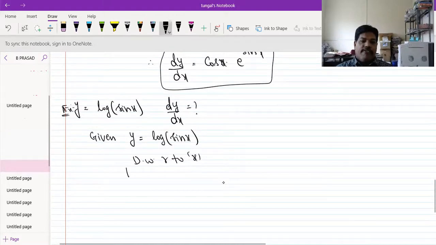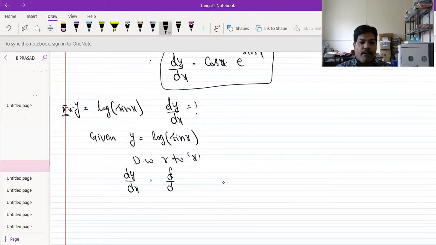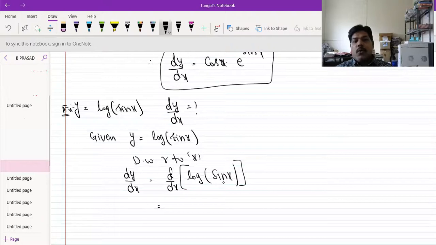Then the dy by dx value will become the derivative of log of sin x. For the derivative of log f of x, as I told you, it is 1 by f of x into f dash of x.